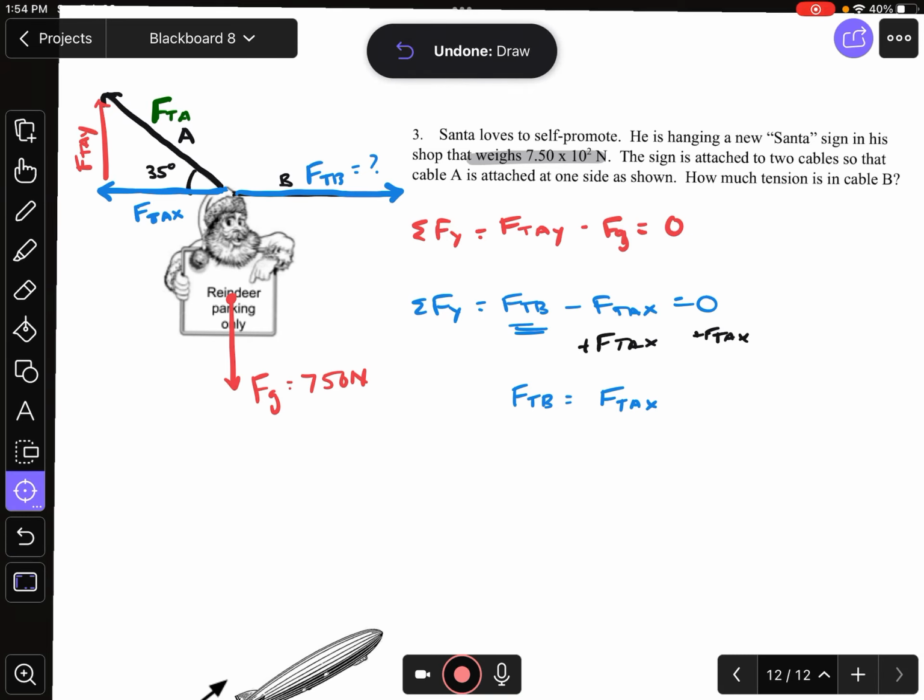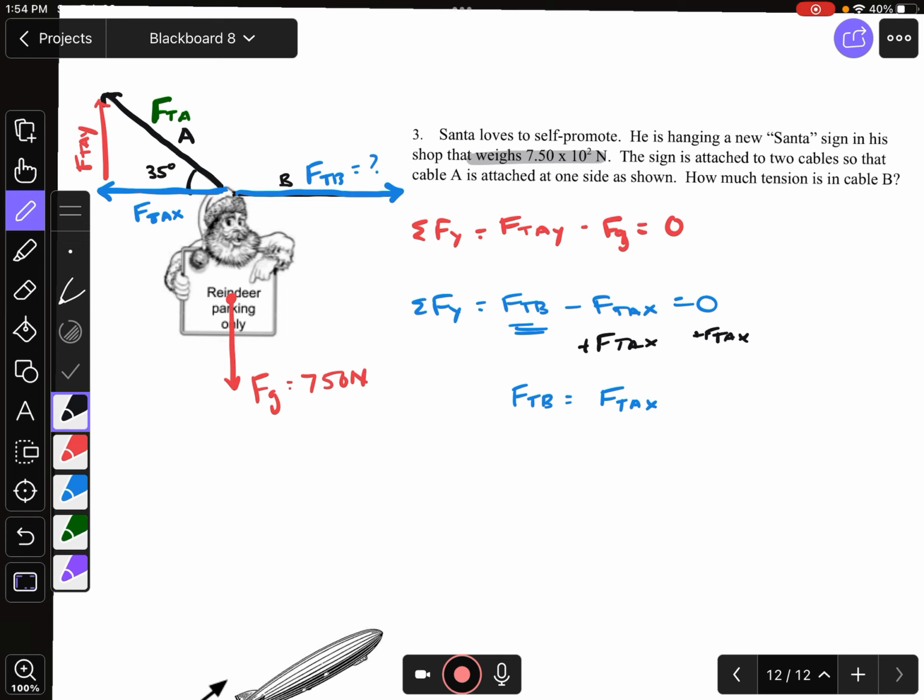I can figure this one out, FTAY, because I know FG, so I can figure out FTAY. I know 35 is the angle, and if I know the opposite side of the triangle, I can then find out the adjacent side of the triangle using the tangent function. So let me go ahead and show you how this is done.